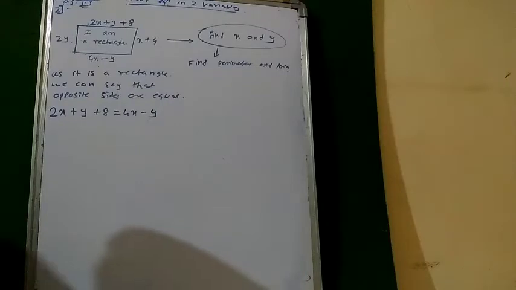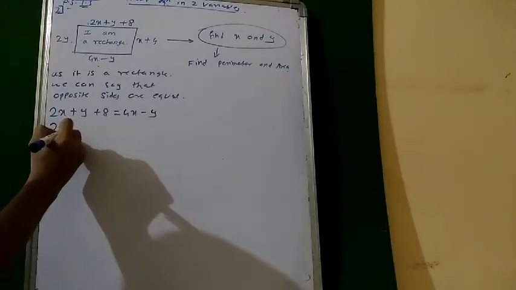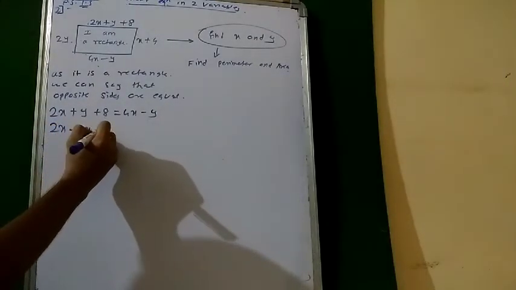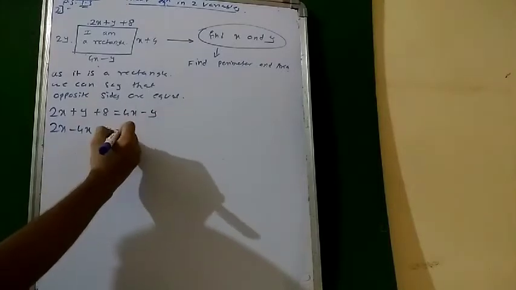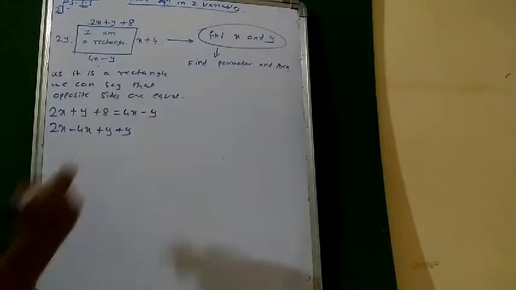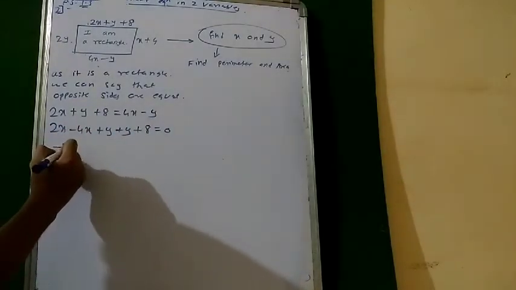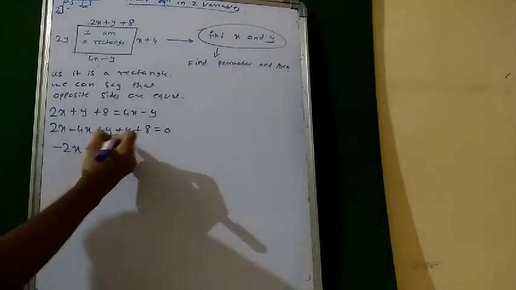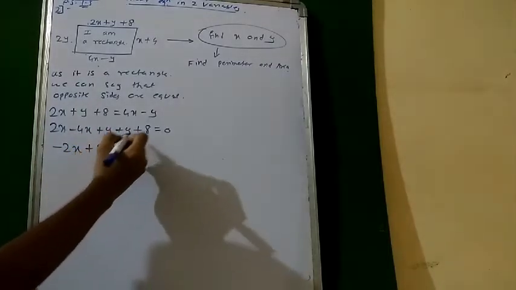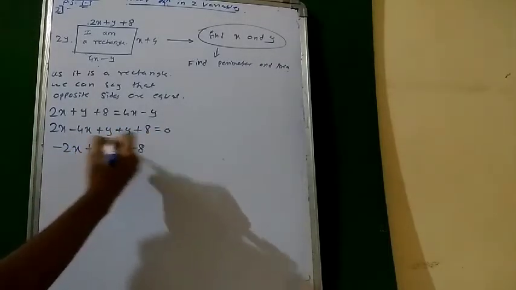I will take the x terms together. That is 2x minus 4x plus y, minus y will come here and become plus y, plus 8 is equal to 0. So 2x minus 4x is minus 2x, plus y plus y is plus 2y, and plus 8 will go there and become minus 8.